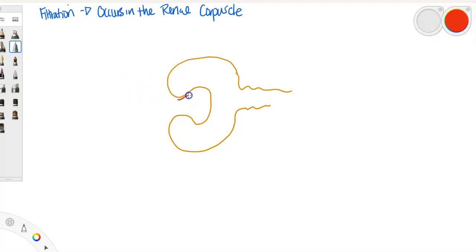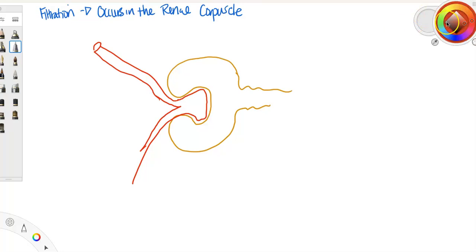And then we have our glomerulus inside, comes out. You know, we have our efferent arteriole. Hold on, let me make this look a little better.